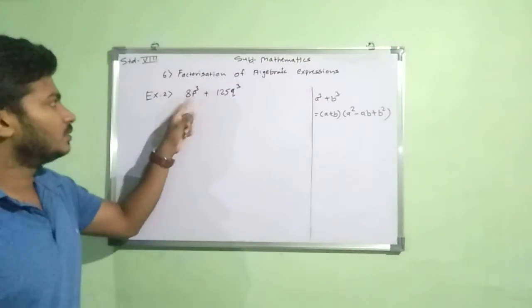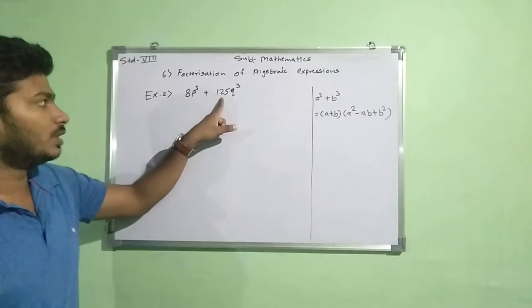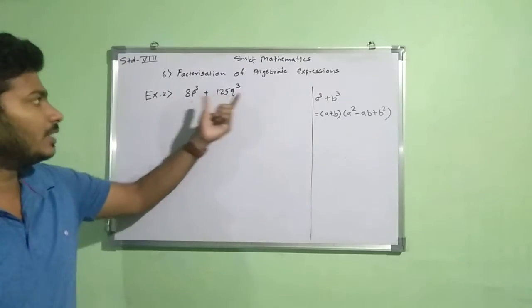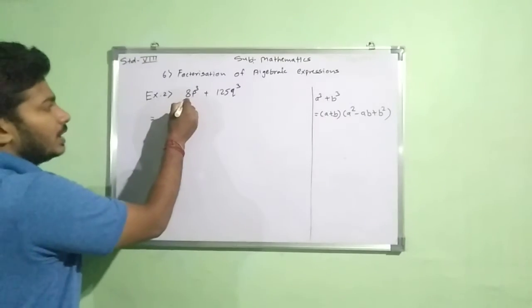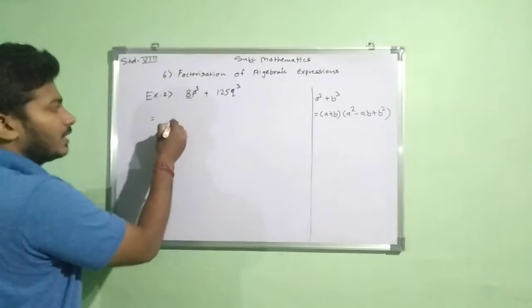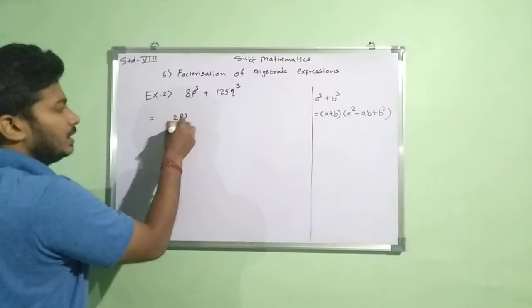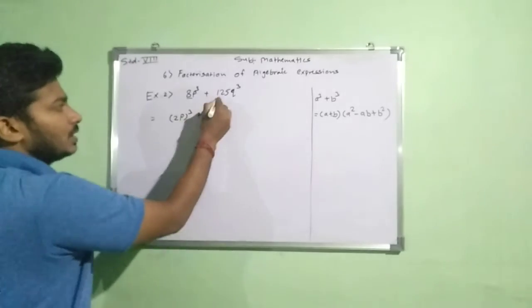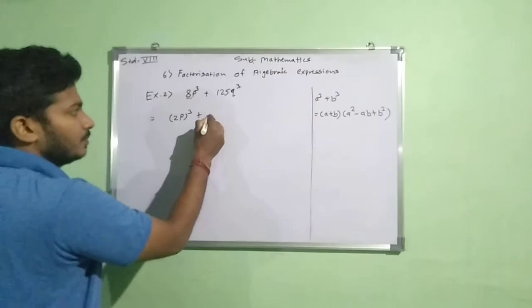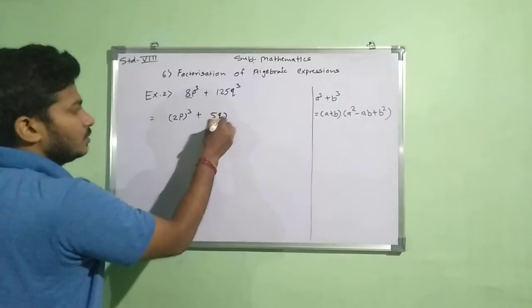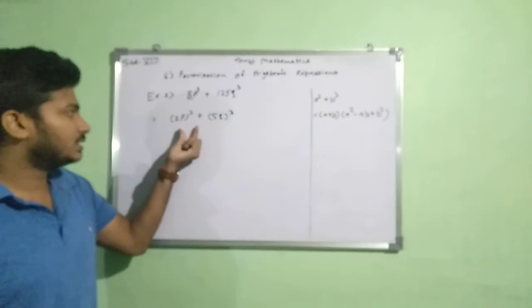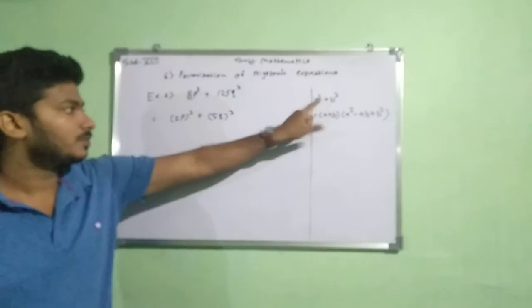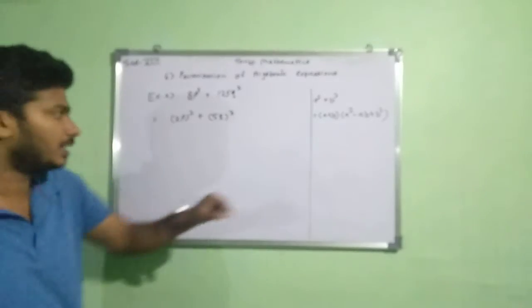This is example 2, which is 8p cube plus 125 q cube. Again we have to write that example in the form of a cube plus b cube. Now that coefficient 8 we can write as (2p) cube, plus 125, that means 5 cube, so (5q) cube. Now that question is in our formula's form, so we can substitute the values in our formula directly.